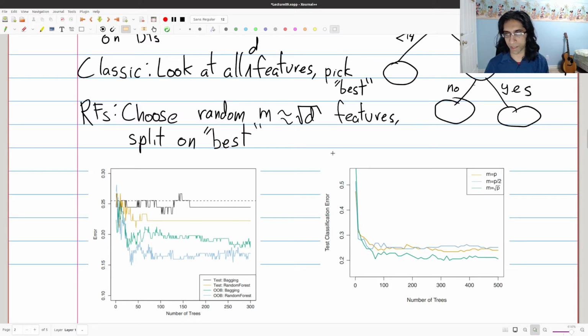They use p instead of d for the number of features in each point. You can see that that gives the best test classification error, and that seems to be more significant than how many trees you use, as long as you take enough trees. Good. And I should mention that both of these figures are from the Introduction to Statistical Learning book that we use in this course.